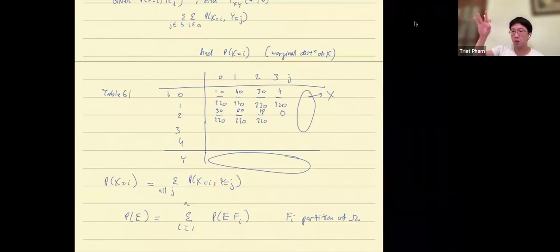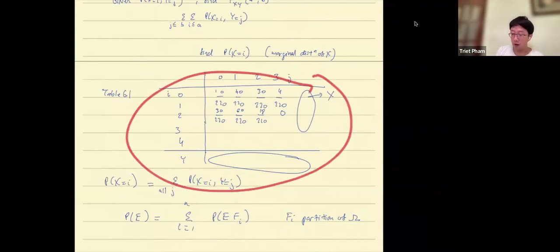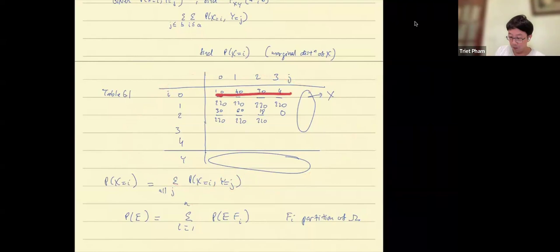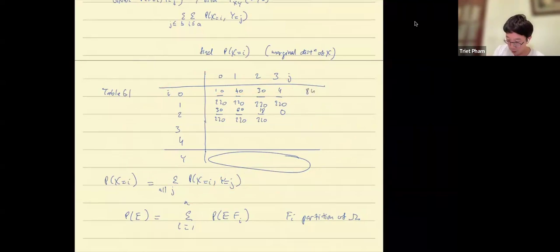It's similar to the double integral where you integrate out one coordinate and you get the other coordinate left. So in terms of the table, for example, you would take the row sum and you will get the marginal of x. For example, right here, probability x equal to 0 will be 84 over 220. This will be 108.